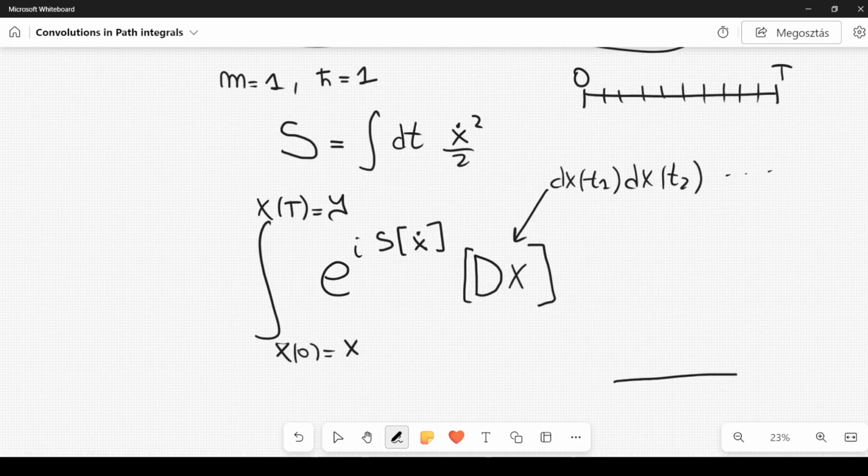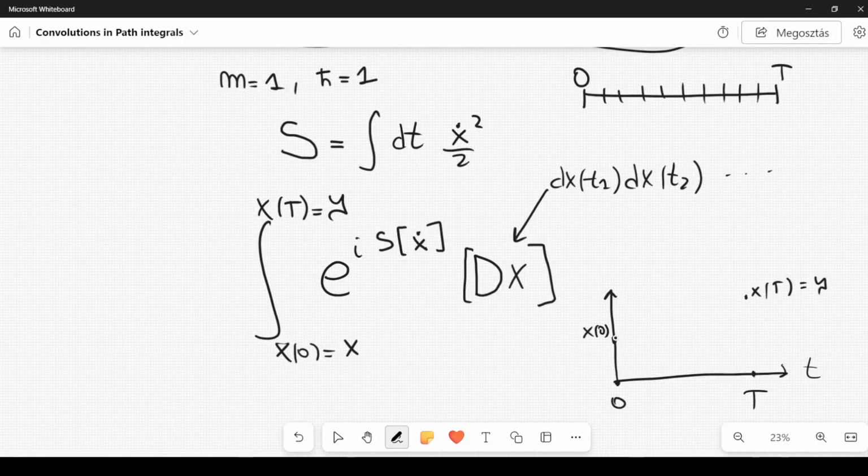The way to think about this, if I draw this graph, and here we have the interval 0, capital T, at 0 we have some displacement x of 0, which is equal to x, we define it to be x, and at t equal to capital T we have some displacement x of T, which is also equal to y, as I said earlier.